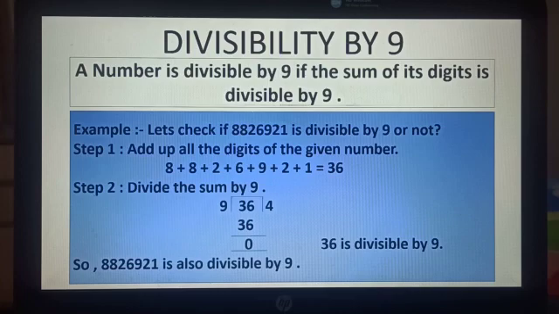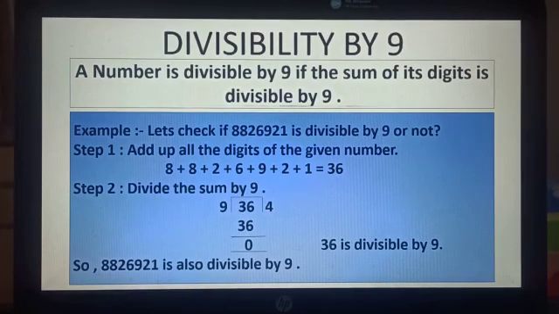In first step, add up all the digits of the given number. 8 plus 8 plus 2 plus 6 plus 9 plus 2 plus 1 is equal to 36. In next step, divide the sum by 9. 36 is divisible by 9. So, the given number is also divisible by 9.